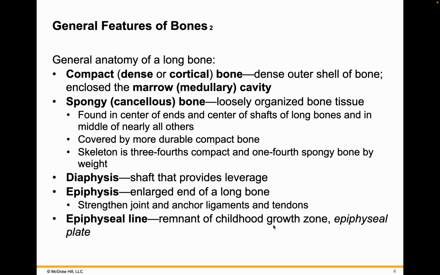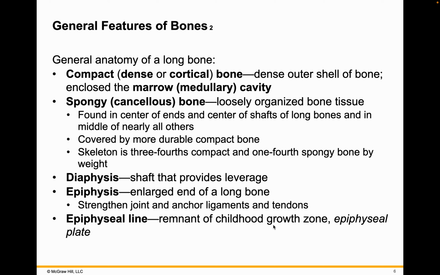These are found in the ends and the center shafts of long bones, and in the middle of nearly all other bones. They're generally covered by a more durable, compact bone. So the skeleton in general is about 3/4 compact and 1/4 spongy bone by weight. But most bones, the organ of bone, will have combinations of compact and spongy.